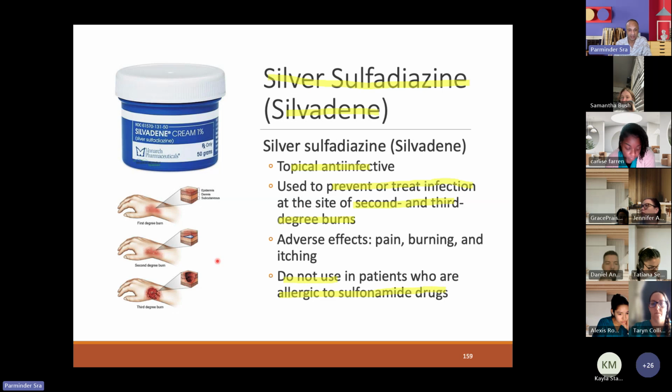Okay, so please know that as well. Second and third degree. Because first degree, they are mild. Second degree burns, they're partial thickness burns. They affect the epidermis and the dermis, the lower layer of the skin, and can cause pain, redness, swelling, blistering. The third degree burns are called full thickness burns, and they go through the dermis and affect deeper tissues.